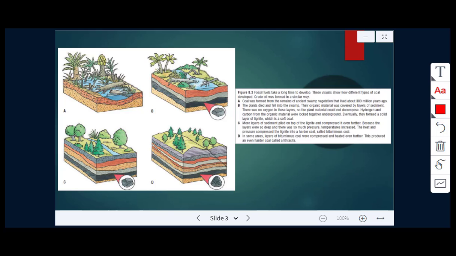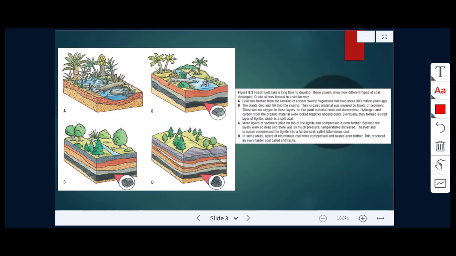All right, so then after that, more layers of sediment piled on top of the lignite and compressed it even further. Because the layers were so deep, there was a lot of pressure, and as well temperature increased. The temperature and pressure increasing compressed the lignite into a harder coal called bituminous coal.